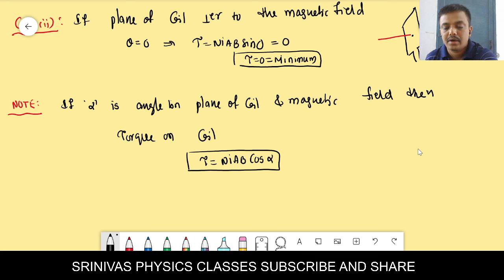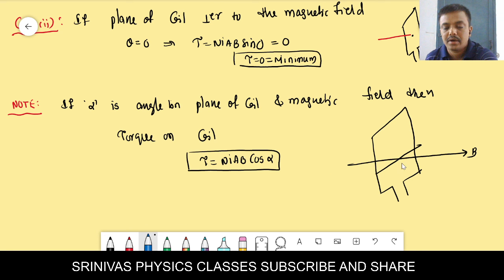What is this condition? It is very simple. We apply the field like this, which is parallel to the plane, and the normal N cap will be like this.